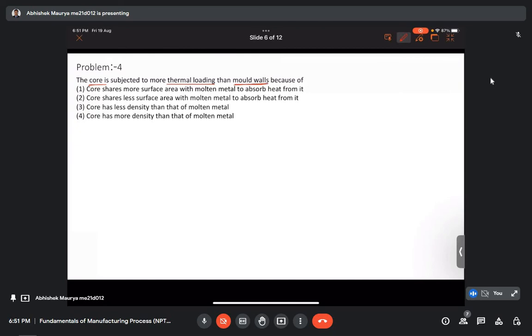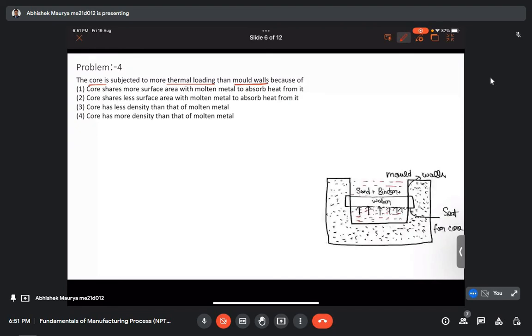So it is being asked that during casting, when molten metal is poured inside the cavity, there is more thermal load on the core with respect to the thermal load on the mold walls. So here we have a schematic.